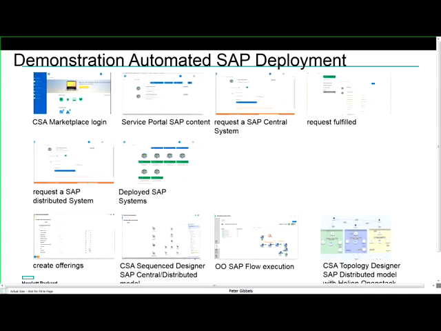The central system is a complete SAP environment, including the database in one compute instance and on one infrastructure. We can also install a distributed system that is, an SAP system on different compute nodes or virtual machines. I will skip that today to not confuse you, but just that you know that this is possible as well.